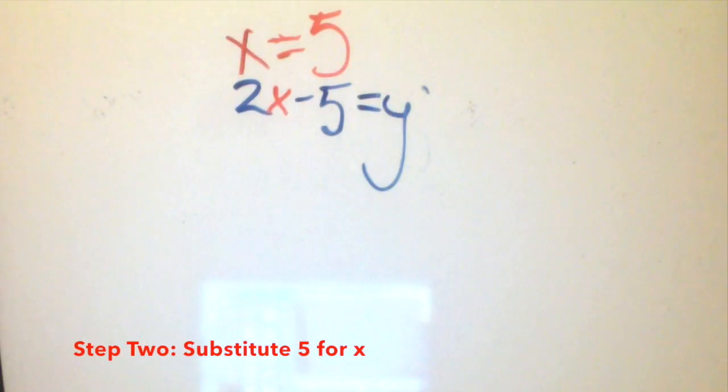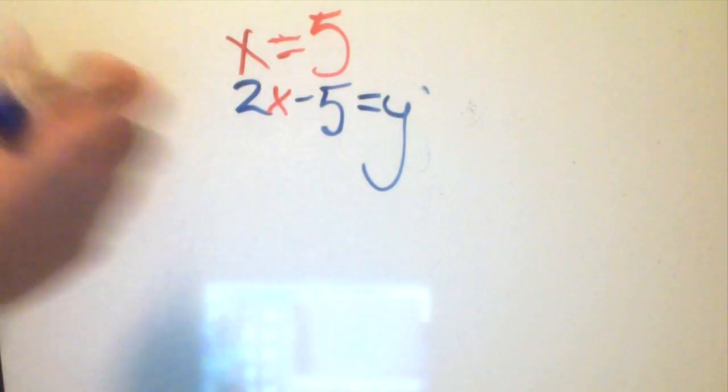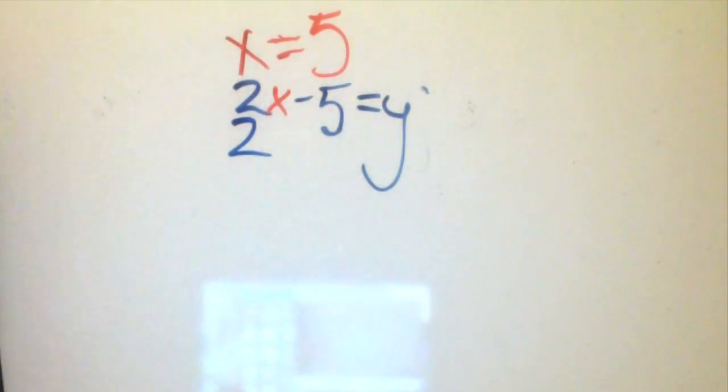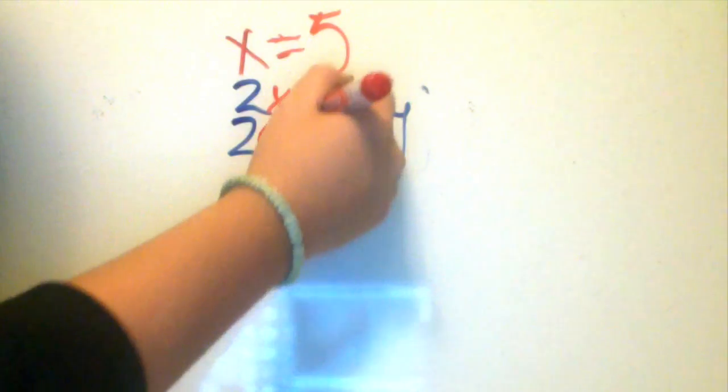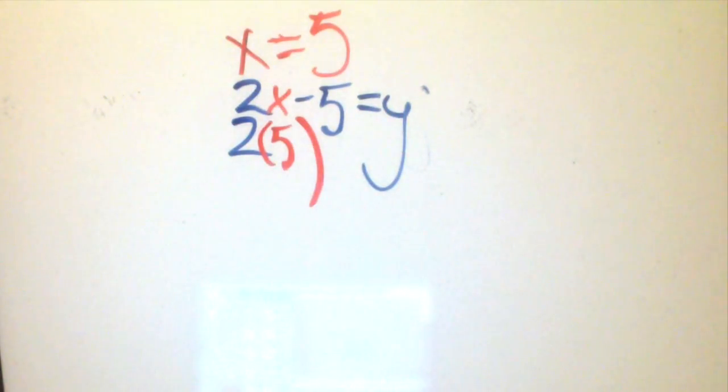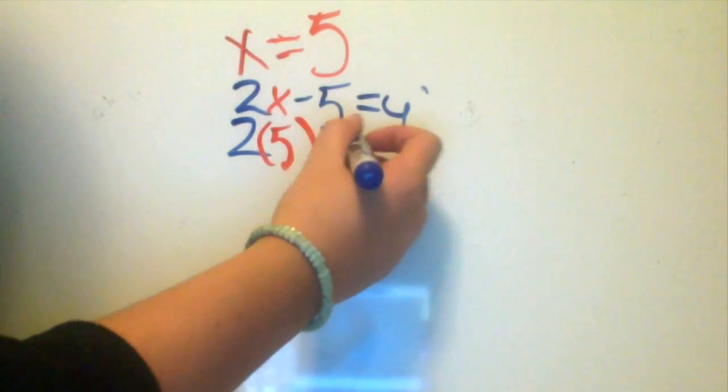We rewrite the formula with 5 in the place of x. So y equals 2x minus 5 would become y equals 2, open brackets, 5, close brackets, minus 5.